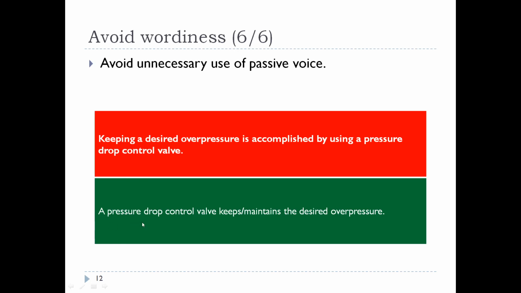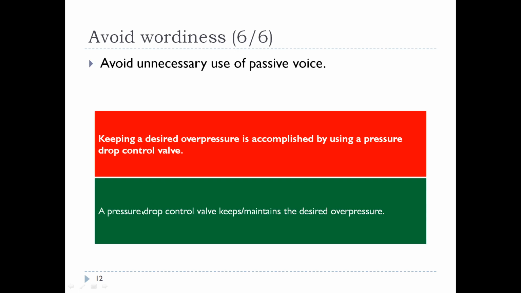A pressure drop control valve maintains the desired overpressure, or keeps the desired overpressure. Okay, so now the emphasis is on the pressure drop control valve. So again, depending upon the situation, depending upon whatever you want to talk about, you should select whether to use active voice or to use passive voice.